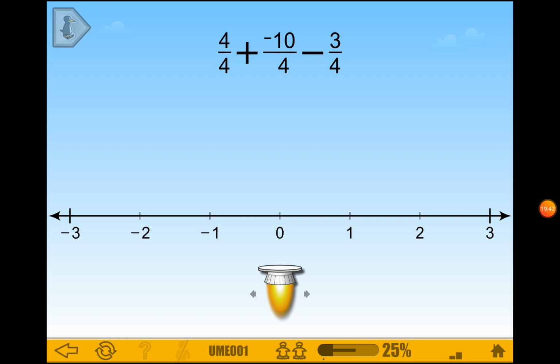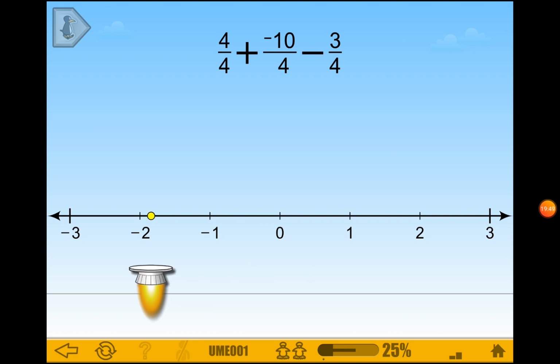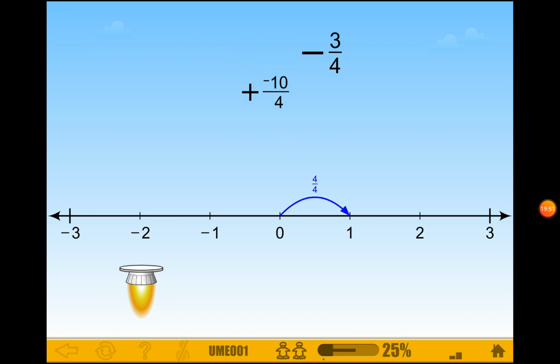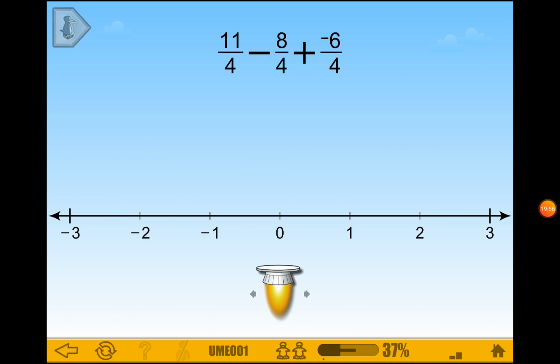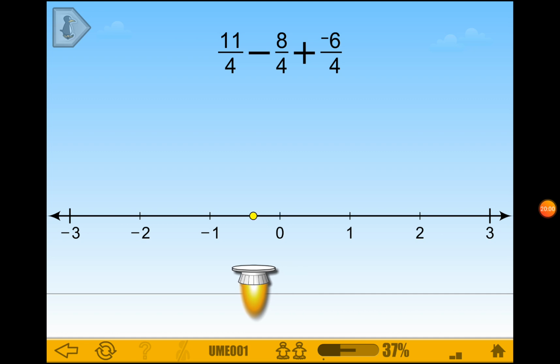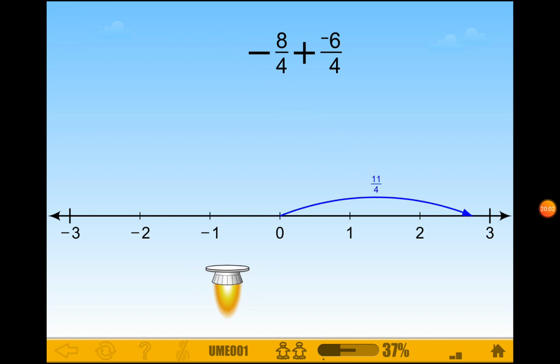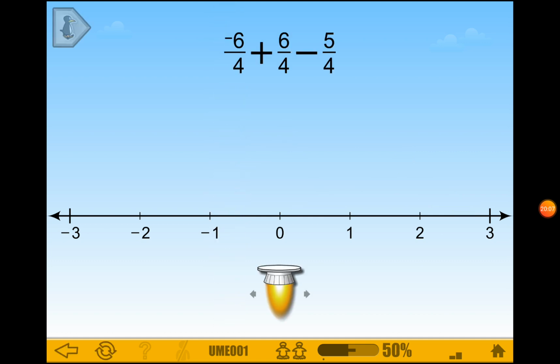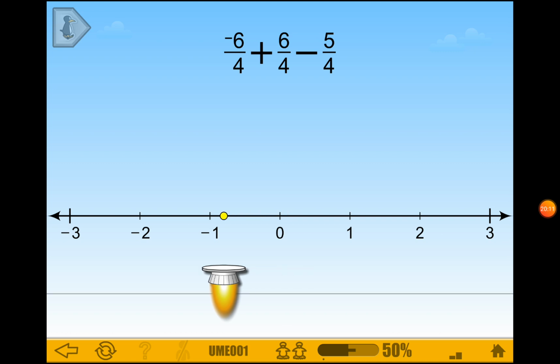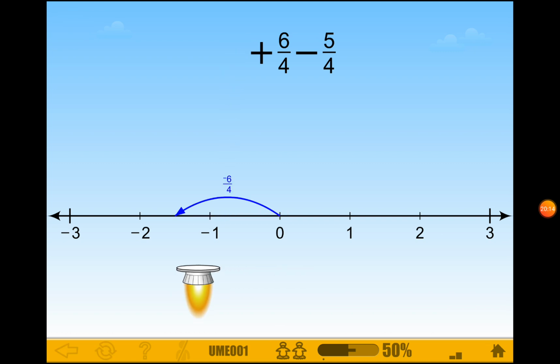Okay, so we have 4 minus 10 is -6, and -6/4, -6 minus 3 is -9/4, so that's right there, pretty much. Kind of speed running a little. 11 minus 8 is 3/4, 3 minus 6 is -3/4, which is like right there. Then we have -6/4 plus 6/4, they cross off, so we're just left with -5/4, which is like right there.